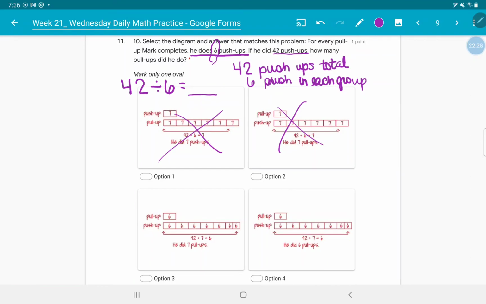We know the total number of push-ups is 42. Okay. So we know he did 42 push-ups, and we're dividing them into groups of 6. So we've got 42, but that's divided into groups of 7. We need to do 42.